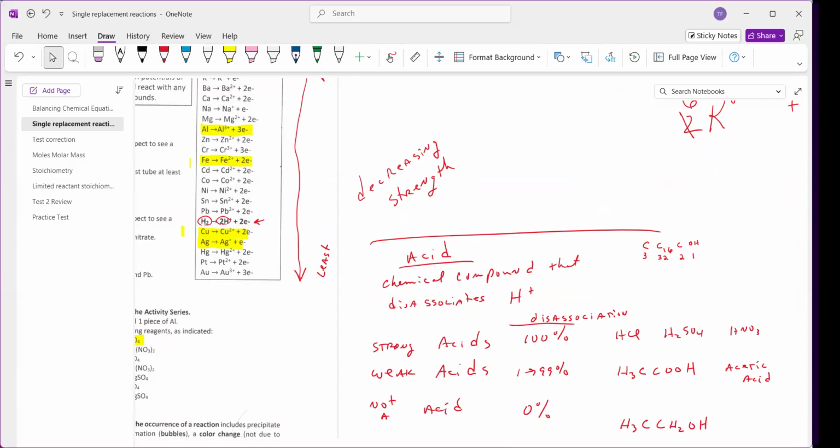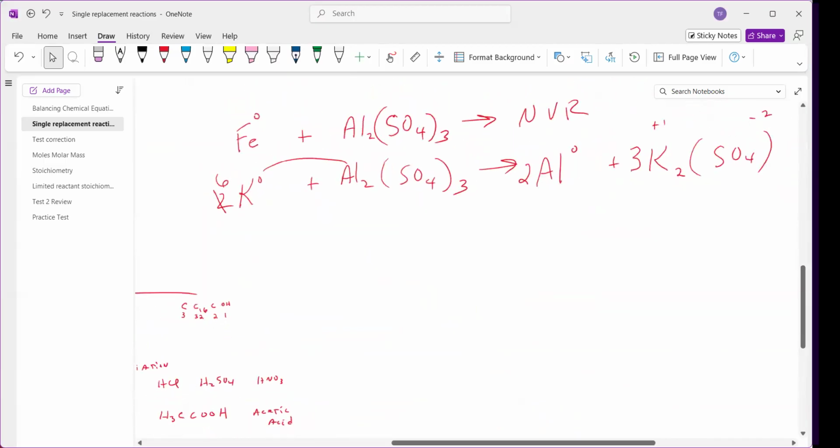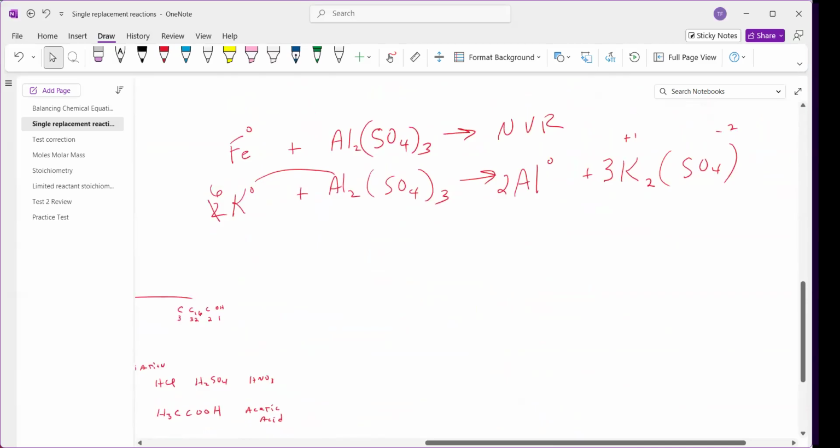Okay, so let's do some more examples here. You're going to do lots of examples in lab. Let's look at this one here.